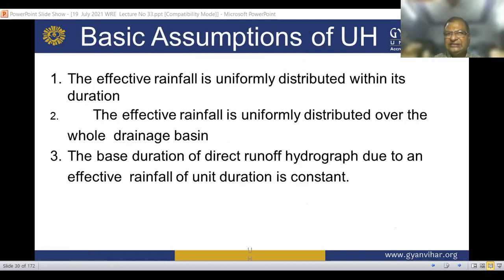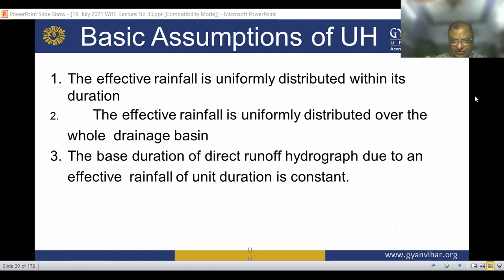Now the basic assumptions of the unit hydrograph. The effective rainfall is uniformly distributed within its duration, and the effective rainfall is uniformly distributed over the whole drainage basin.